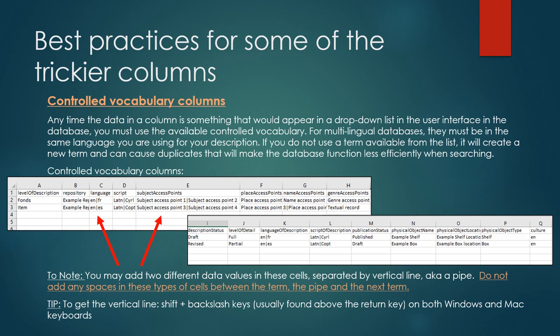If you don't use a term from the available list, it will create a new term and can then cause duplicates that will make the database function less efficiently when searching. One example that's pretty straightforward would be if I'm putting in my subject access points and I wanted to put in cars, and that's my controlled vocabulary term in our particular database, and I happen to type in just car in the singular, it's going to create a duplicate subject access point.